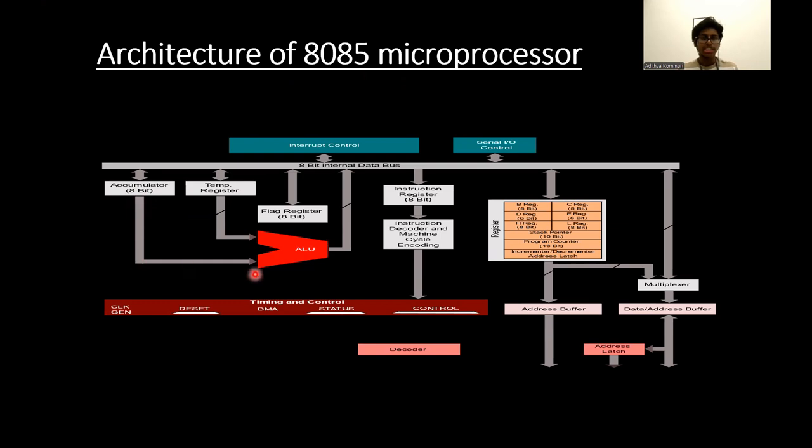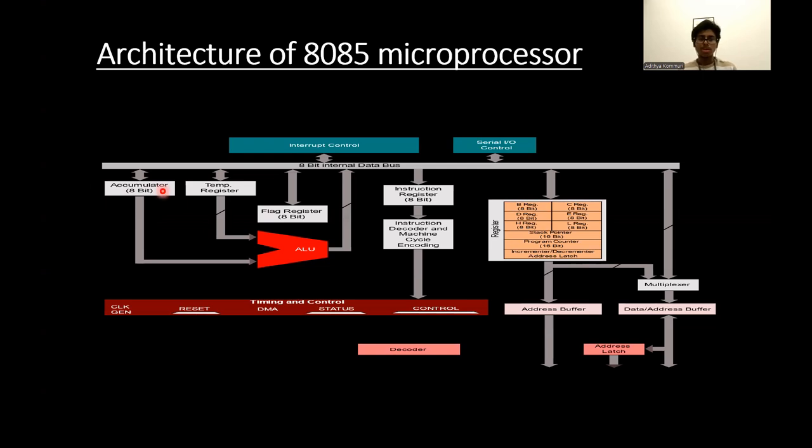And this is a unidirectional connection. The unidirectional connection means that the data can be transferred from the accumulator to the ALU, but the vice versa cannot be done. So the ALU generally performs addition, subtraction, multiplication, division, which requires two operands, and one of those operands will be stored in the accumulator.